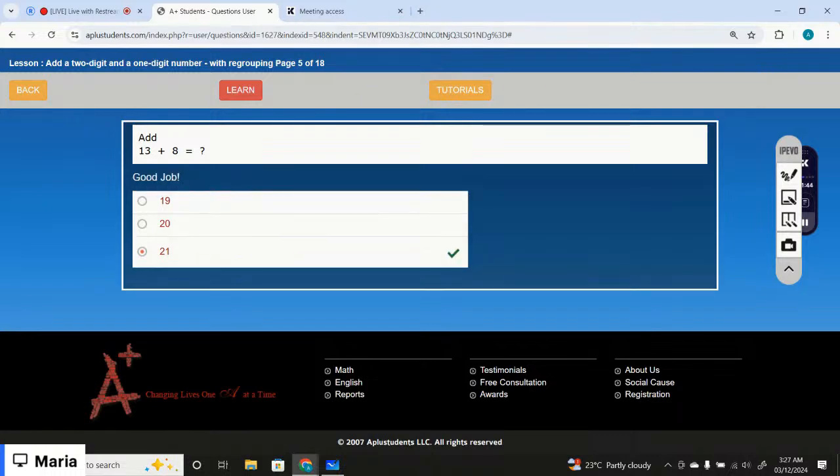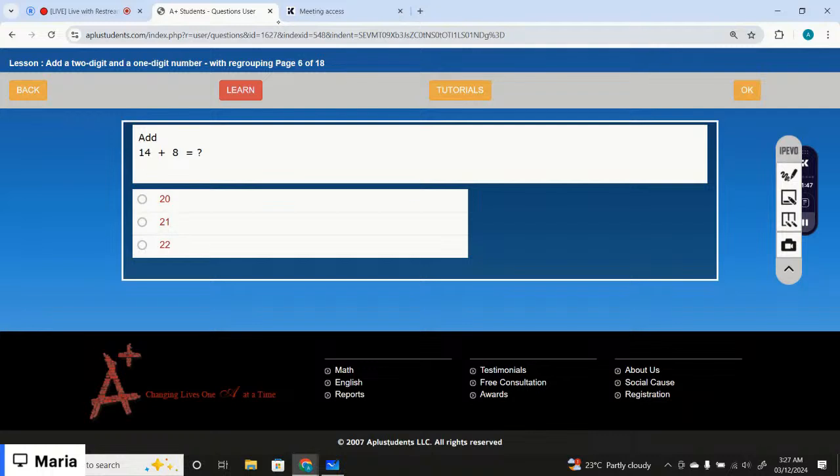Option number 3 is the correct option. 14 plus 8 is 22. Option number 3 is the correct option. That is 14 plus 8 is 22.